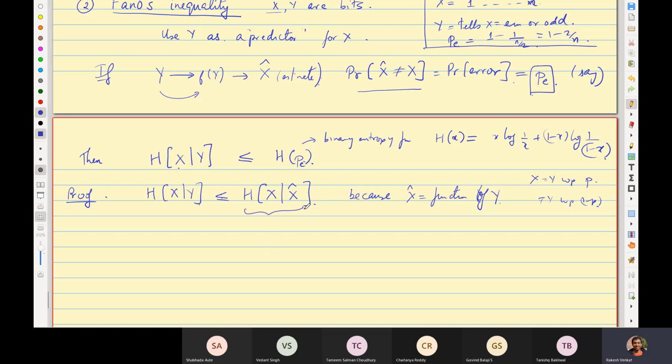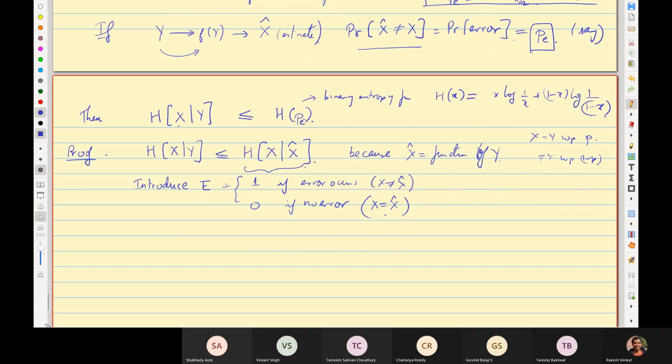And now what we'll do is bound this. The idea is to introduce a random variable E, which is 1 if error occurs, 0 if no error. And now under this, we'll just use the chain rule in two ways.